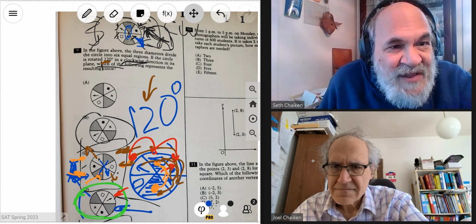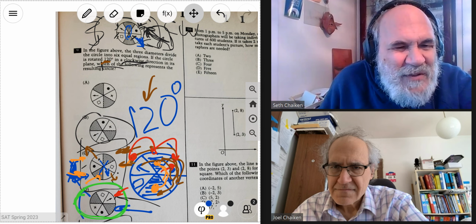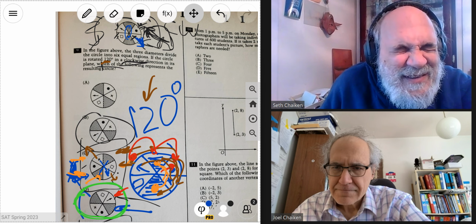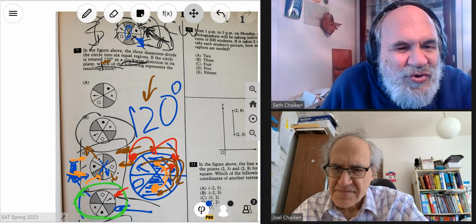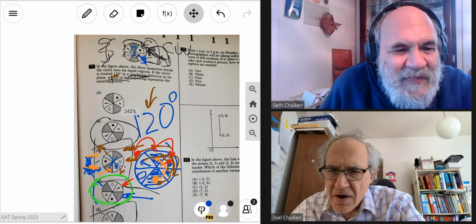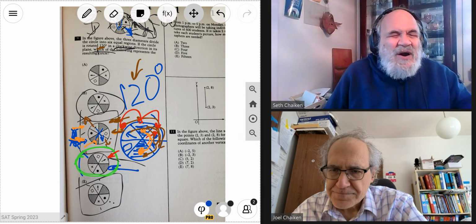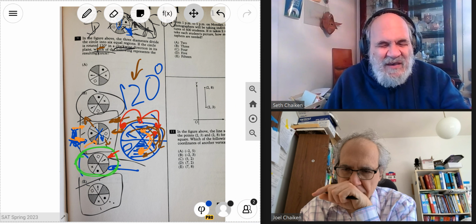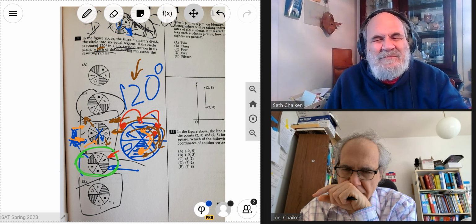I see, the two possibilities. I'm just checking. They differ by a half circle rotation.